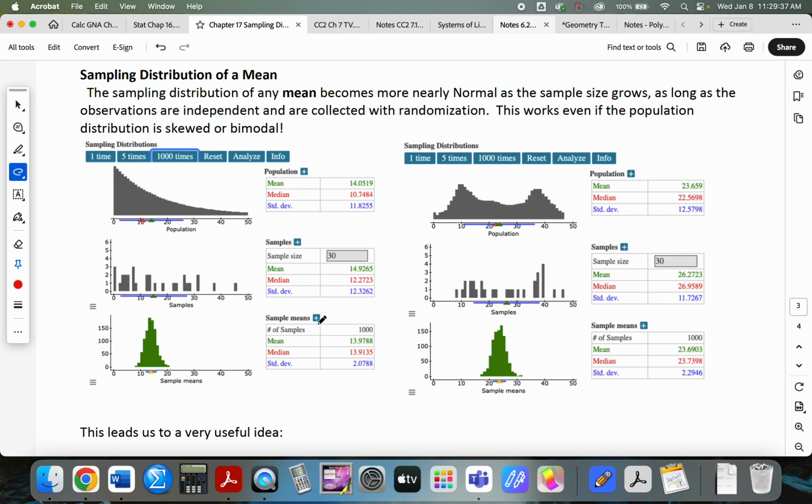So I took a sample of size 30, took the mean, put it on a graph, and did that 1,000 times. Now this isn't the whole 1,000. Yeah, that's why I was confused. That's some of them. And then after that, we made a histogram of all of those means.